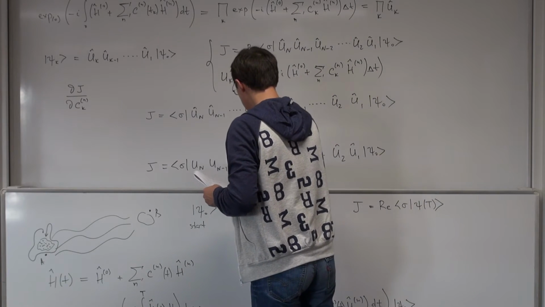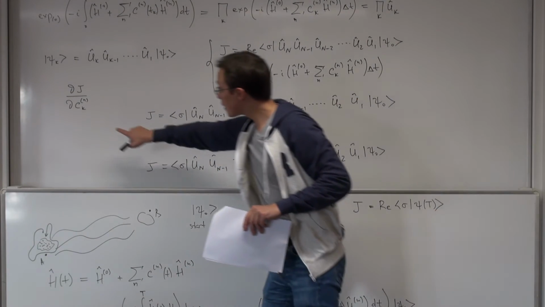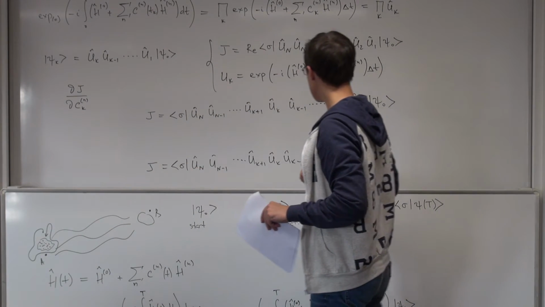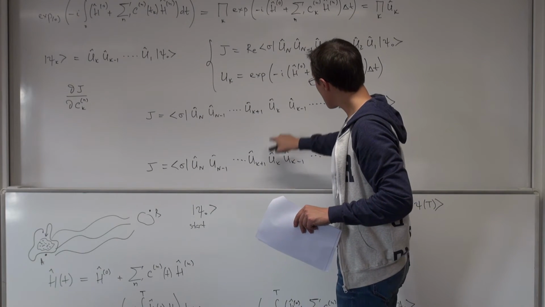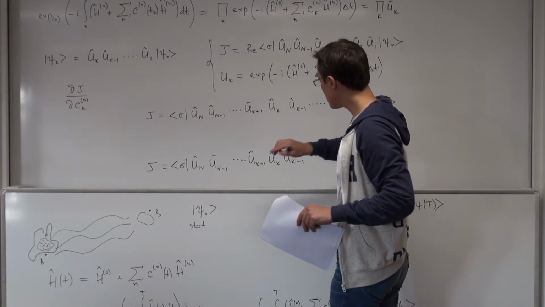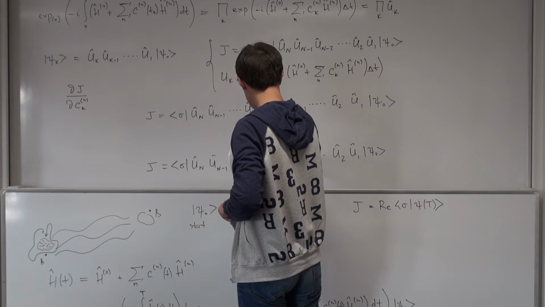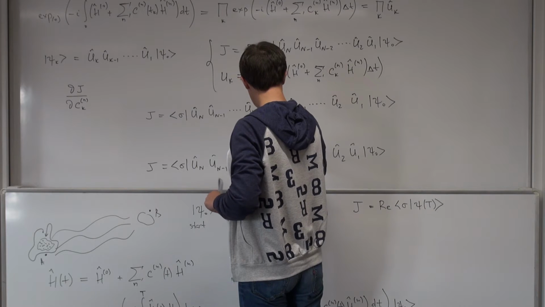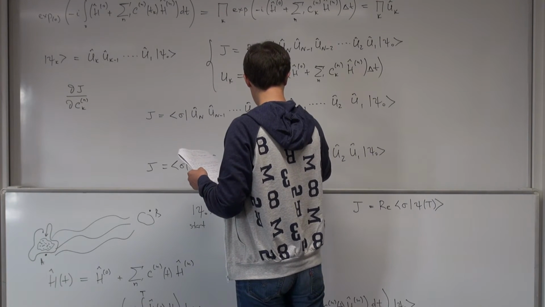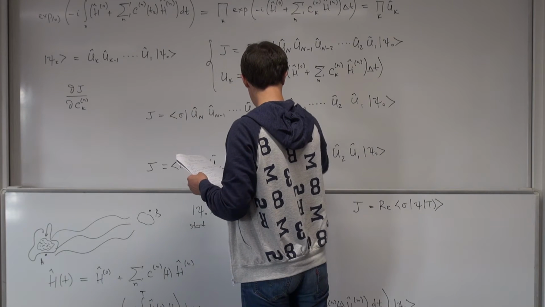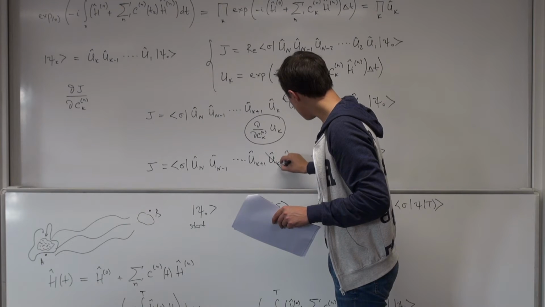So when we differentiate J with respect to the control amplitude at k-th point, only this term gets differentiated. So instead of this term, what we have in the middle is d by dc_nk of that U_k. And it replaces the propagator.